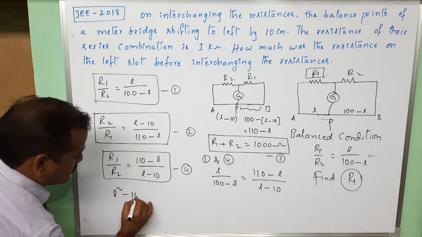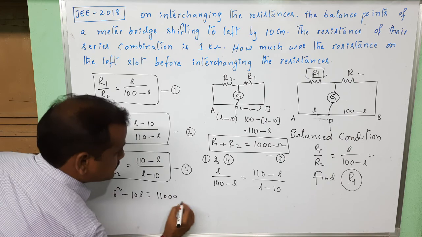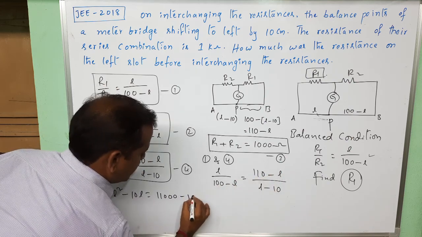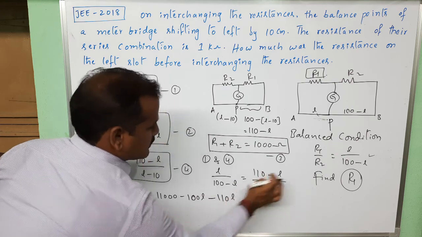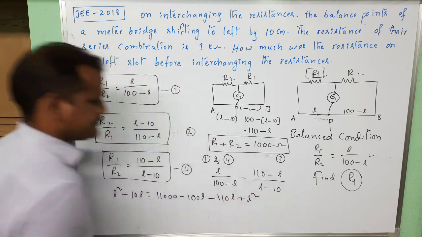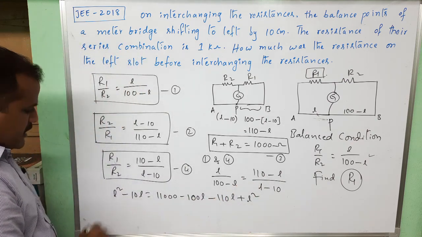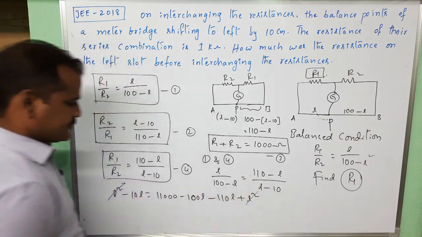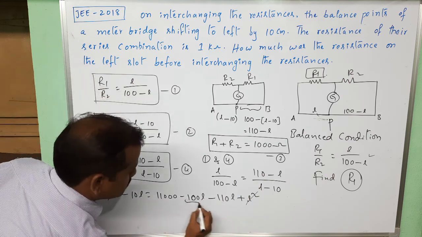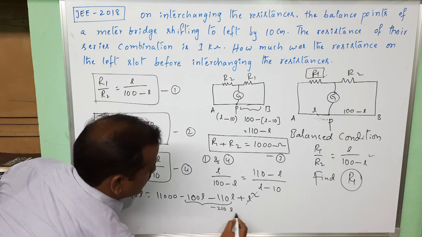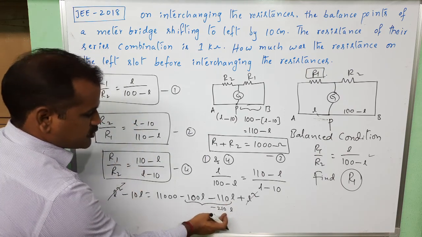L square minus 10L is equal to 11,000 minus 100L minus 110L plus L square. After cross multiplication of this expression we are getting this equation. Here L square gets cancelled, and then this is minus 210L. Here minus 10L is there. Minus 10L cancels with it, so here minus 200L will be there.